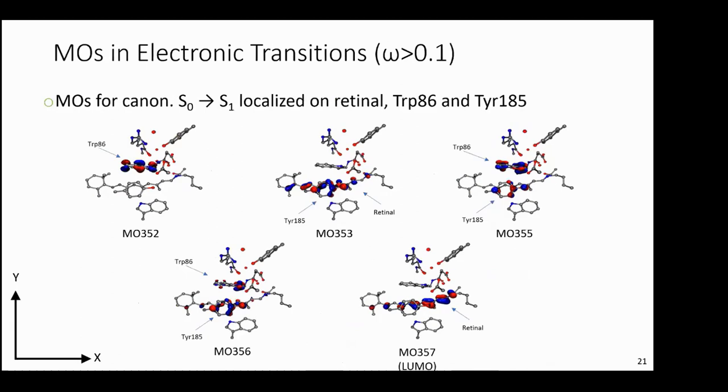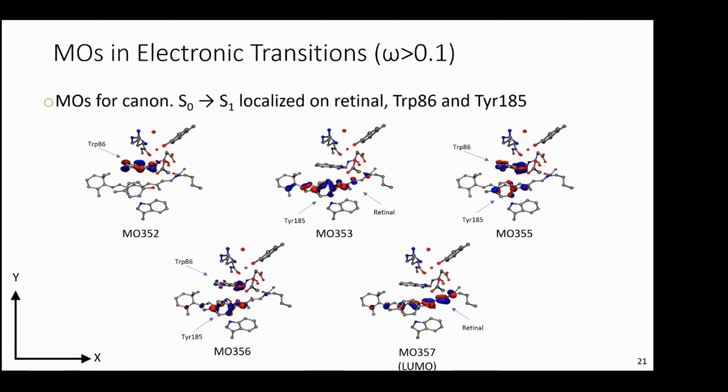The first 8 electronic transitions of the bacteriorhodopsin model were calculated at the TD-B3LYP def2-SVP level of theory, and the optically allowed electronic transitions, defined here as transitions whose oscillator strength exceeds 0.1, are the product of electron density primarily being evacuated from MO 352, 353, 355, and 356.